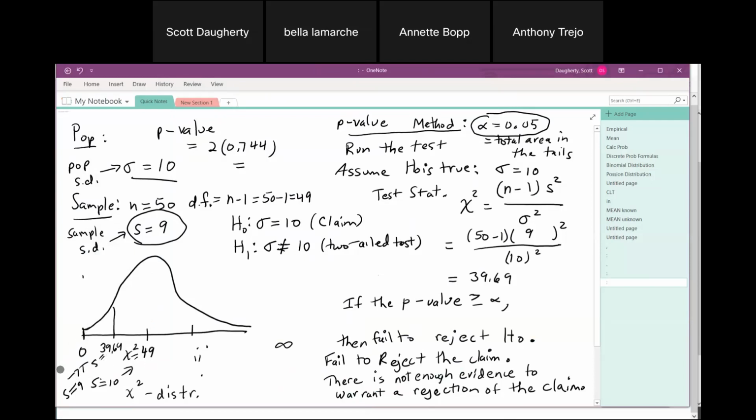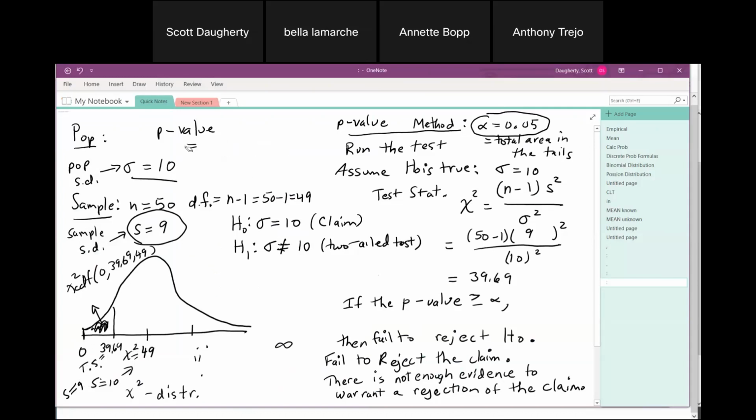So if this happened, you would find the area to the left over here, right? And so you do chi-squared CDF from 0 to 39.69 at 49 degrees of freedom. And then whatever you get, that'll be the area in here. And then you would double that to get the p-value, okay?